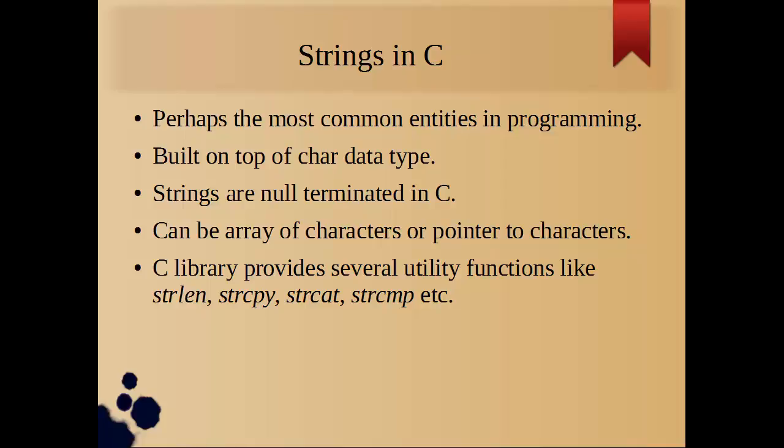C strings can be an array of characters or a pointer to characters. And the C library provides several utility functions, and I have mentioned 4 of them: strlen, strcpy, strcat, strcmp. We have already seen strcmp and many others, but these are most frequently used.